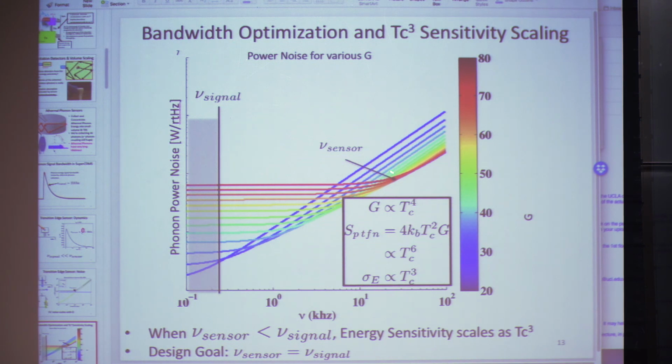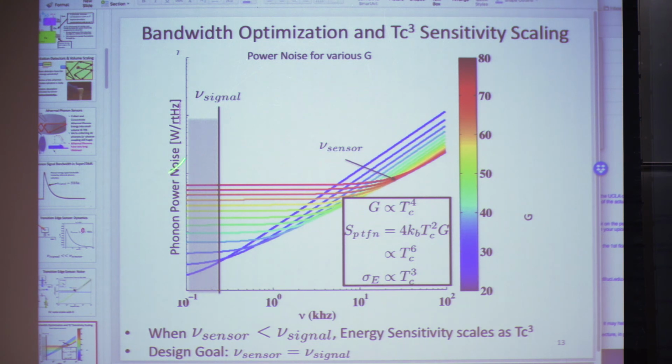And I've also told you that the sensor frequency scales with G. So I can choose to have 2 different systems. I can choose to have a high G system, which is here in red, which has high sensor bandwidth, but also high DC noise. Or I can choose to have a low G system, which has low sensor bandwidth, but has very low noise.